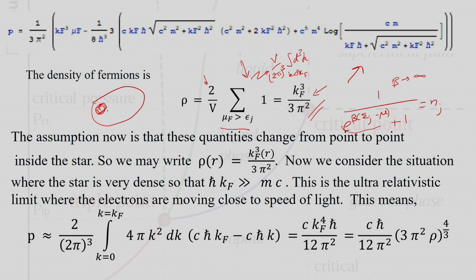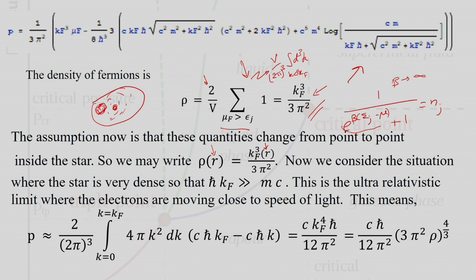As a result, what Chandrasekhar said was that it is possible to naively put an R dependence here, so that you assume that this is a slowly varying function of R. The density of electrons varies slowly as a function of R. You can suspect that close to the center of the star the density is huge, and as you go further and further away it falls, and when you reach the boundary you get a density which is 0.